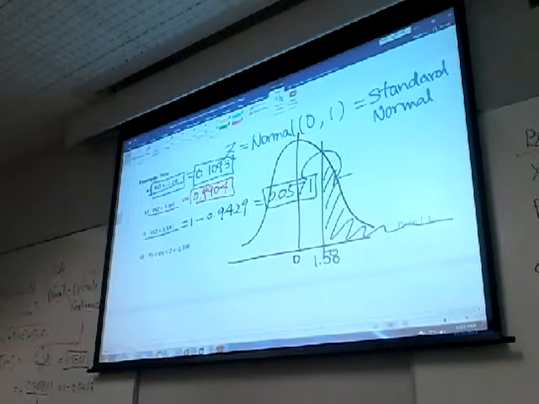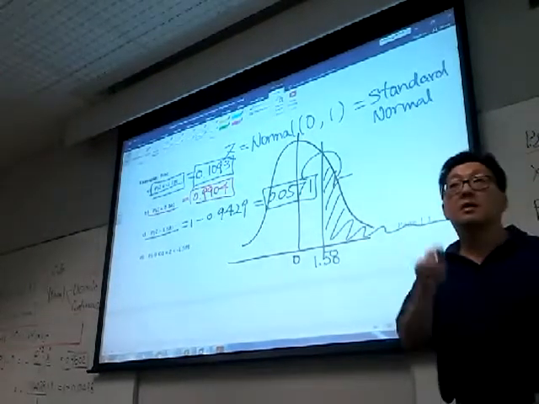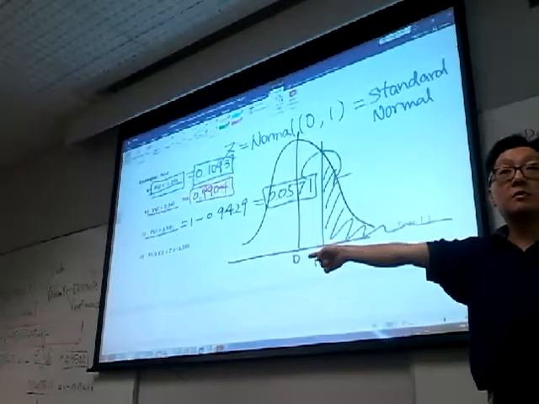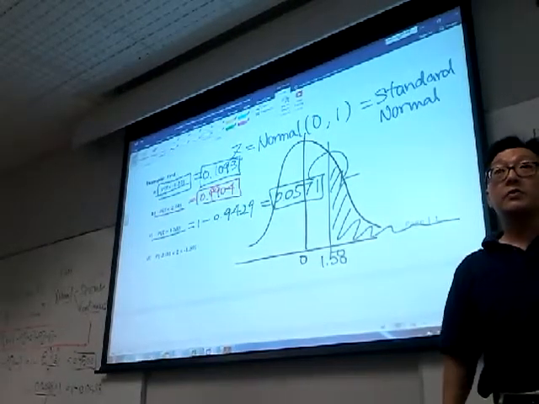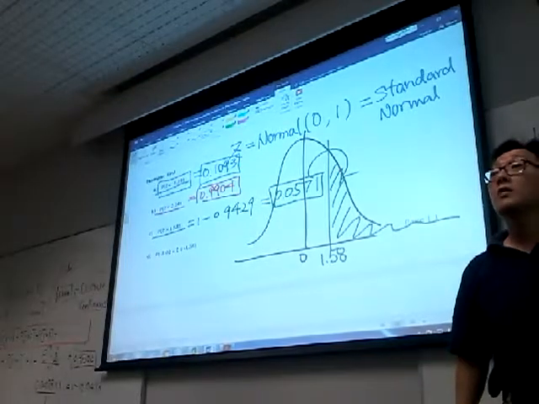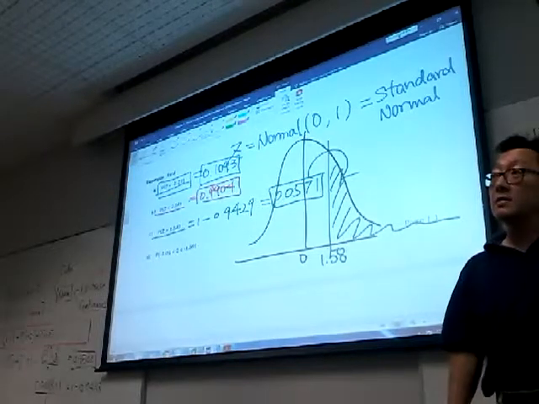Now it is less than 50%. Please remember, the Z table gives us only the left hand side probability. If you need the right hand side, you have to apply the complement rule, the complement probability. 1 minus the left hand side will be the right hand side.